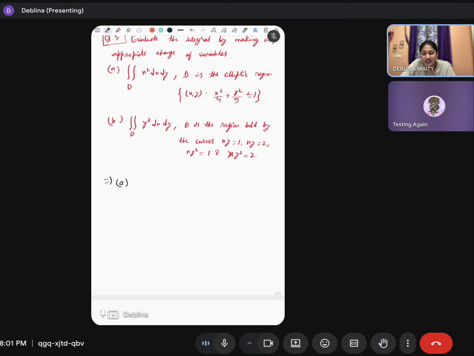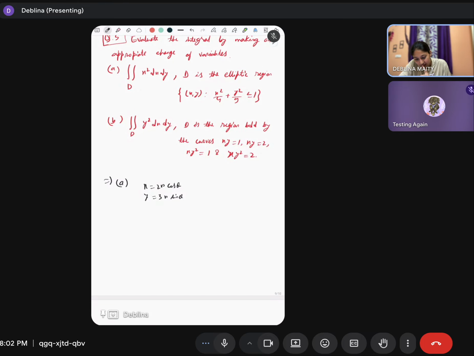If we choose x to be 2r cos theta and y to be 3r sin theta, then the form will be 1, right? So we choose x to be 2r cos theta and y to be 3r sin theta.